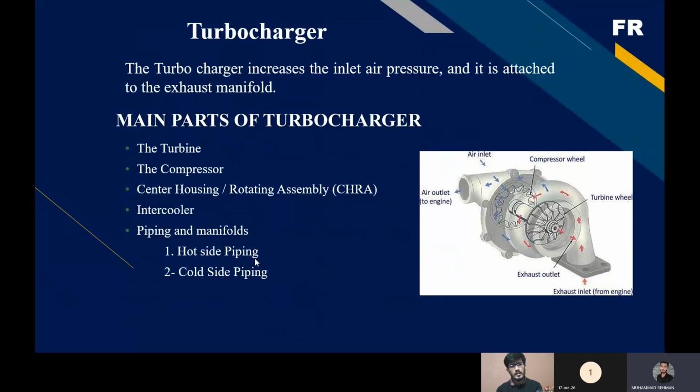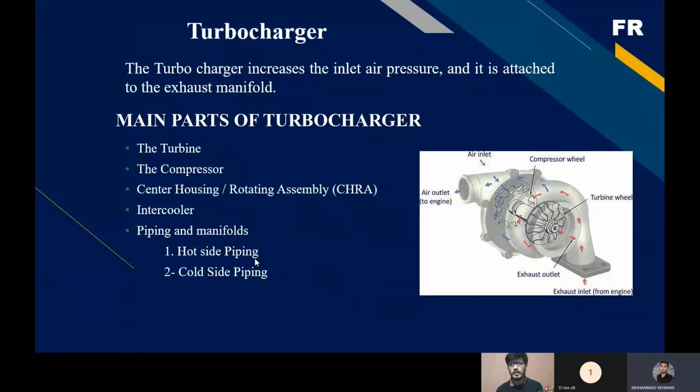Basically, the turbocharger is placed at the outlet manifold of the engine. The exhaust exits the engine and goes through the turbocharger turbine, where it is compressed and then reused.